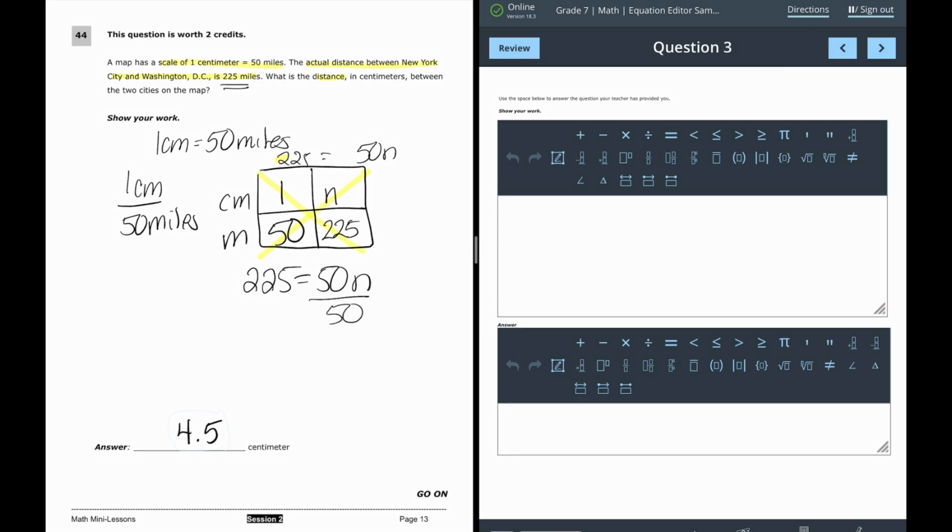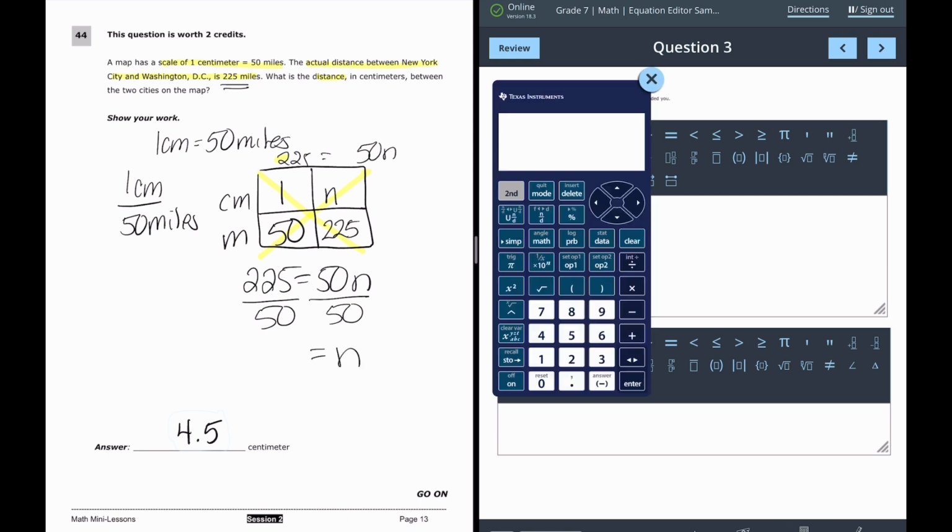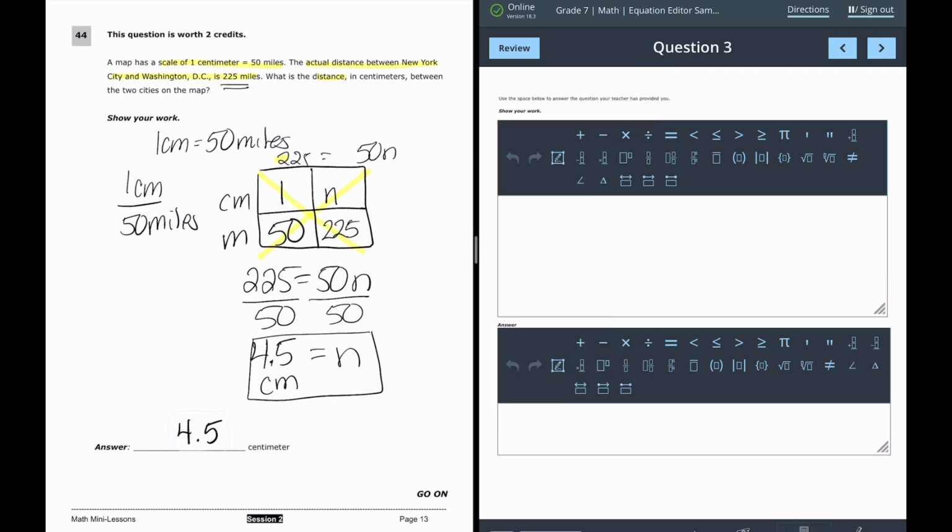So let's divide both sides by 50 so we can isolate the variable, get that number. Get our calculator up. 225 divided by 50 is equal to 4.5 centimeters. And that's it. So now here's the challenge.